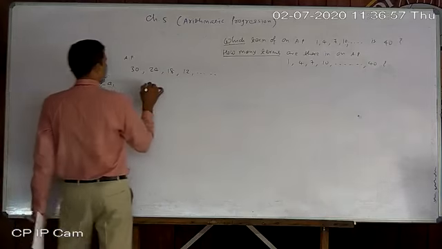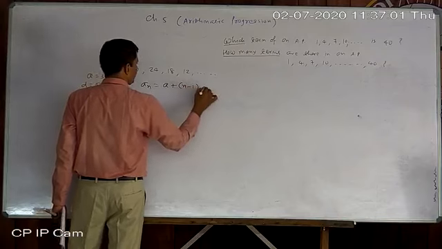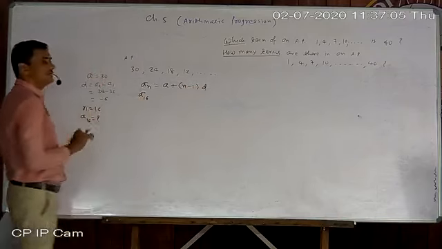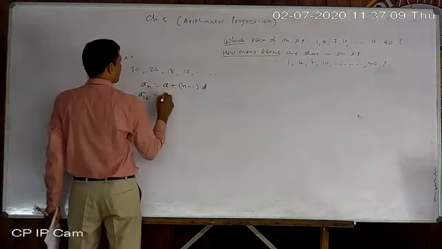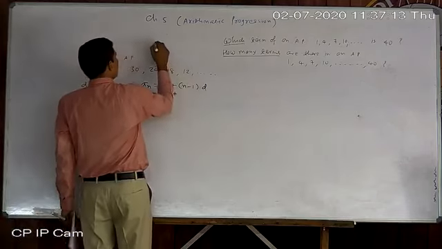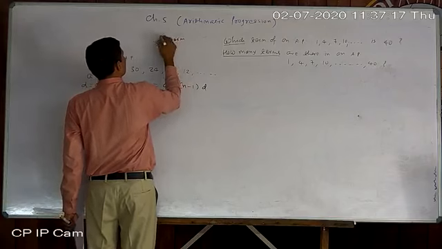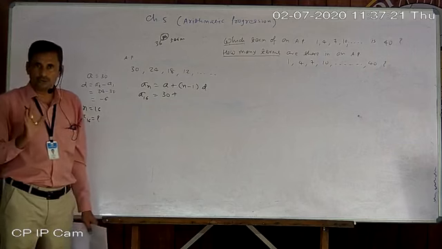Okay, so write down that formula. a_n equal to a plus (n minus 1) d. Write down all values: a_16 means we are going to find the 16th term's value. So write down a as 30, n is given here, the 16th term. So whenever there is that type of ordinal number, you know.